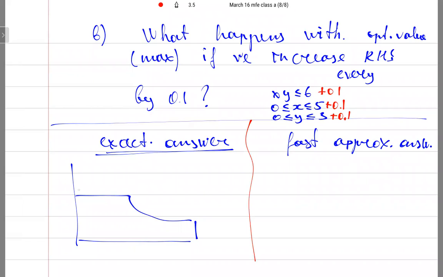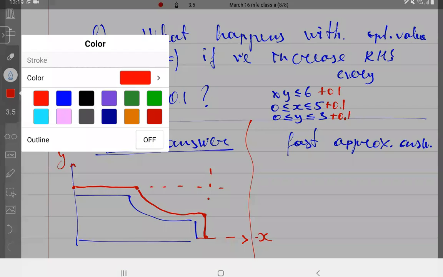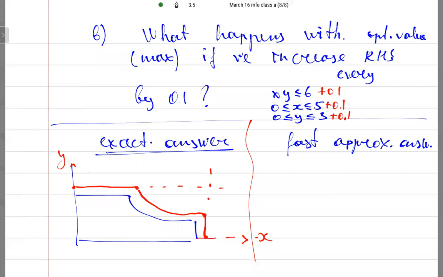The boot will increase. So we will have a bigger boot, bigger boot for big foot, X and Y. And if we are searching for the new maximum, it will be here.